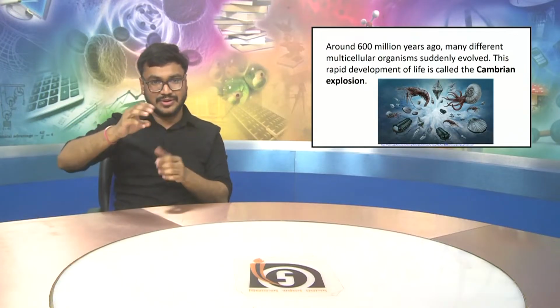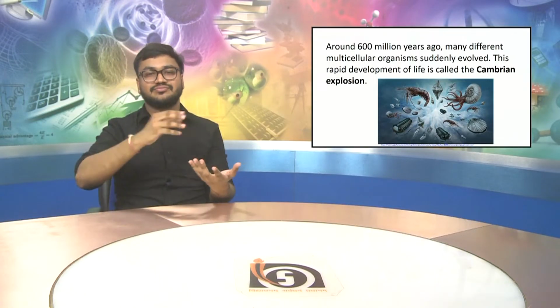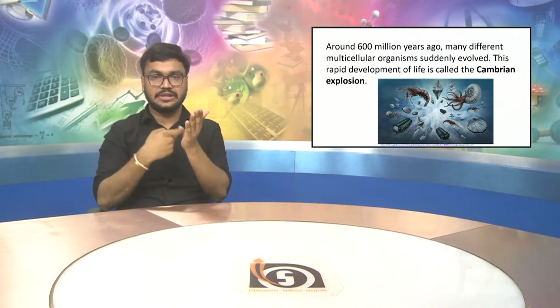Around 600 million years ago, many different multicellular organisms suddenly evolved. This rapid development of life is called the Cambrian explosion.